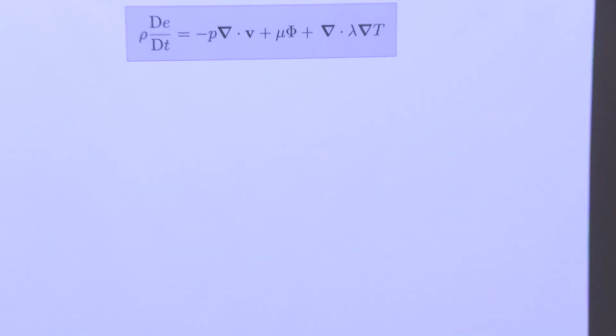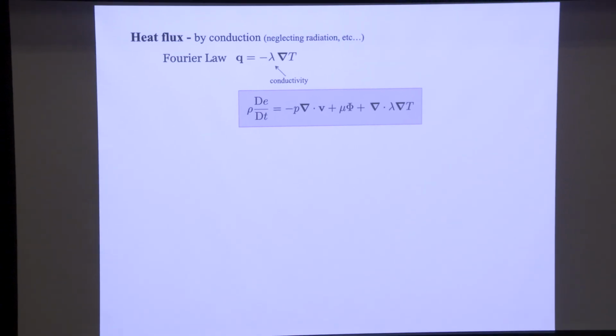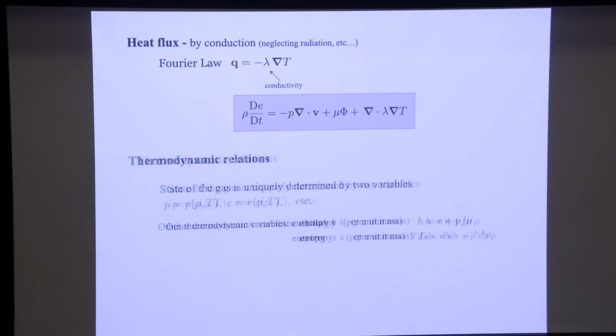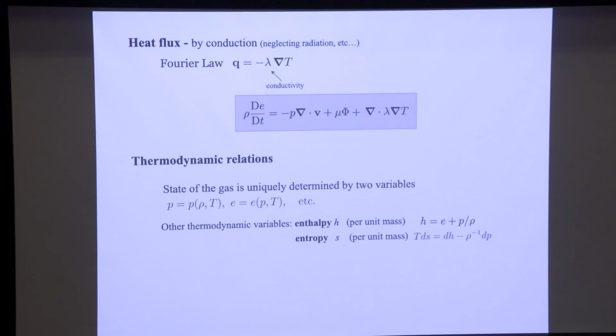So when you plug that into the equation, here is the energy equation that we end up with. We spoke about the different terms. Now there are still quantities that need to be determined, such as the pressure, the relation to the temperature, and so on. So we need some thermodynamic relations or some discussion of thermodynamics.